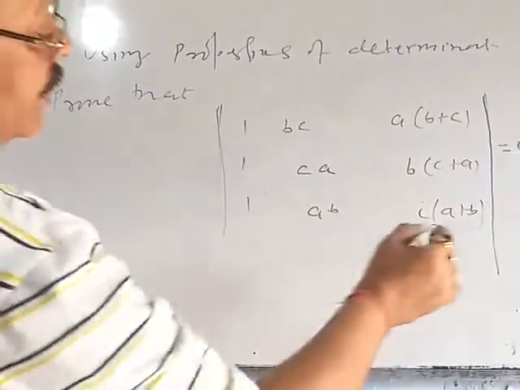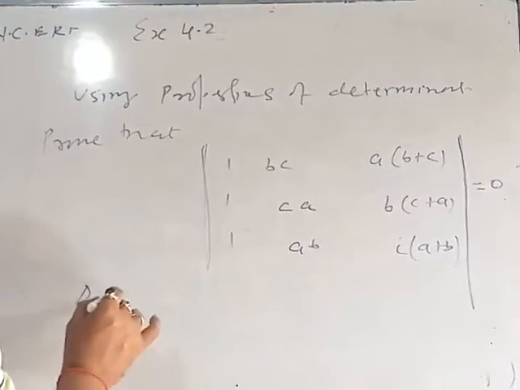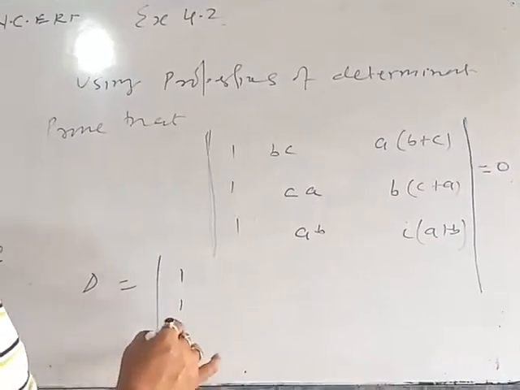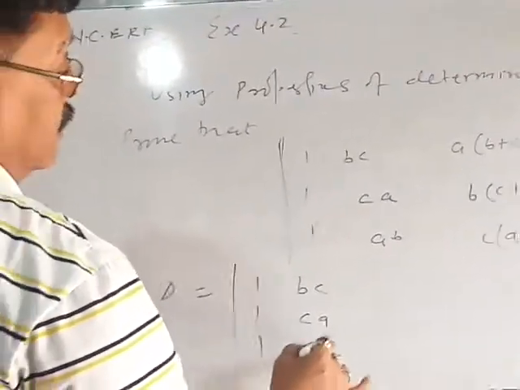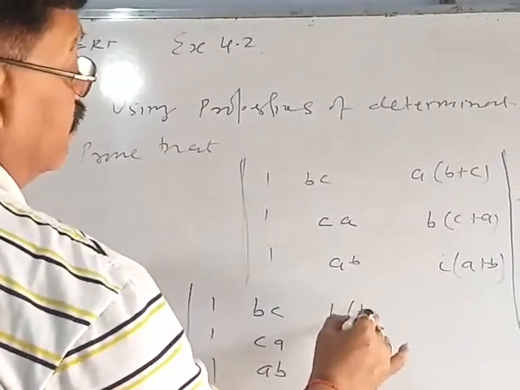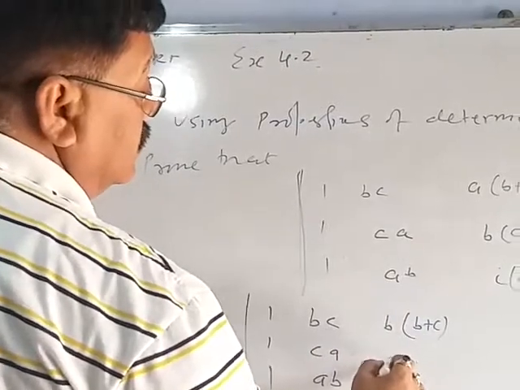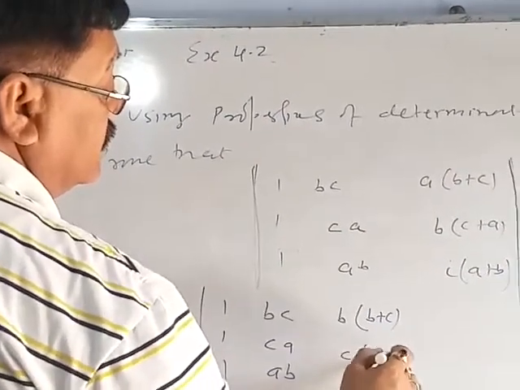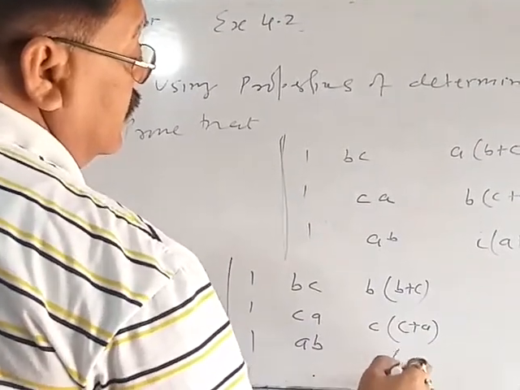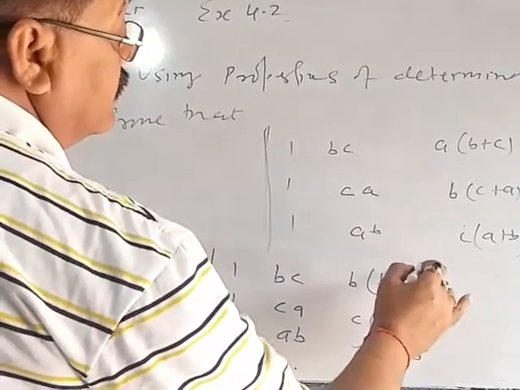So it is an order 3 determinant: 1, 1, 1; BC, CA, AB; A(B plus C), B(C plus A), and C(A plus B).